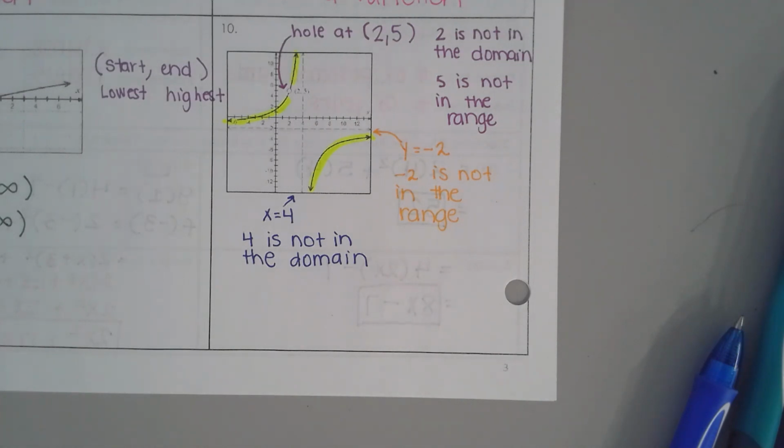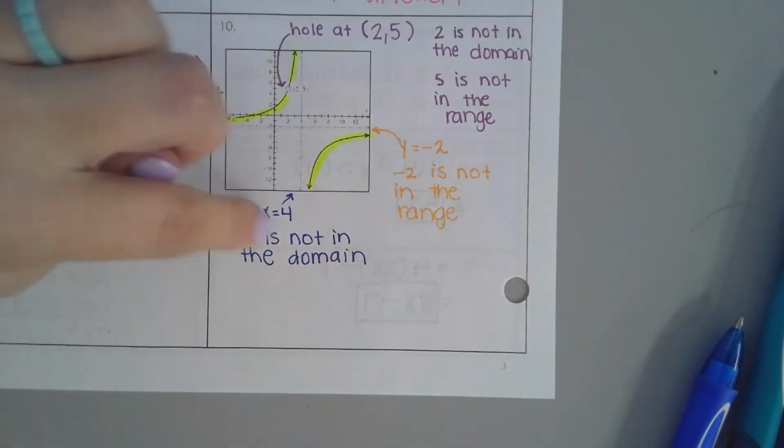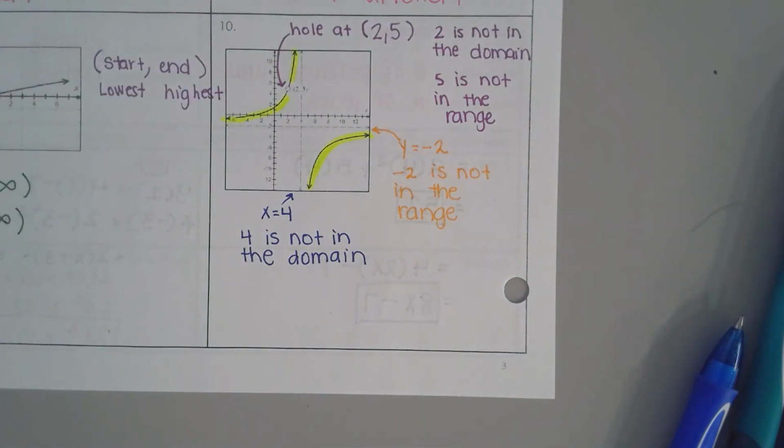I have an arrow on the left, the right, the bottom, the top. So without the holes and asymptotes, both my domain and range are going to be negative infinity to positive infinity, because I have arrows on every single side. But we have to make a break at all of these numbers. So I'm going to write some stuff on the board. You don't have to write this on your paper if you don't want.